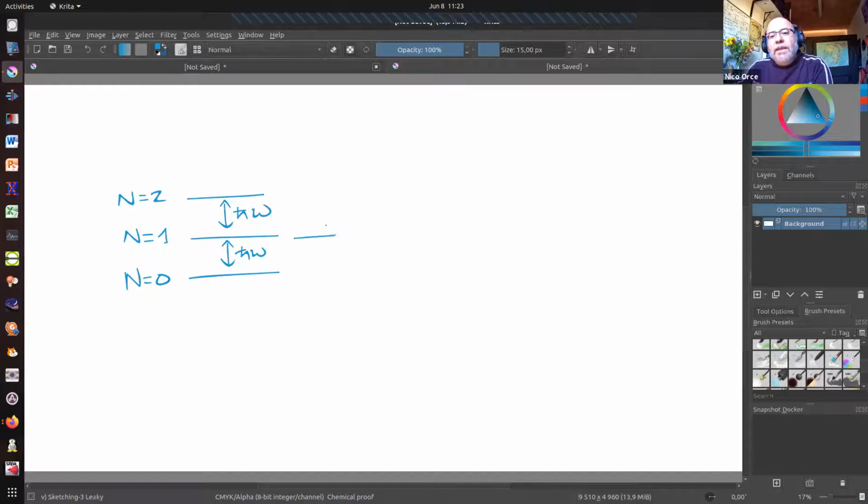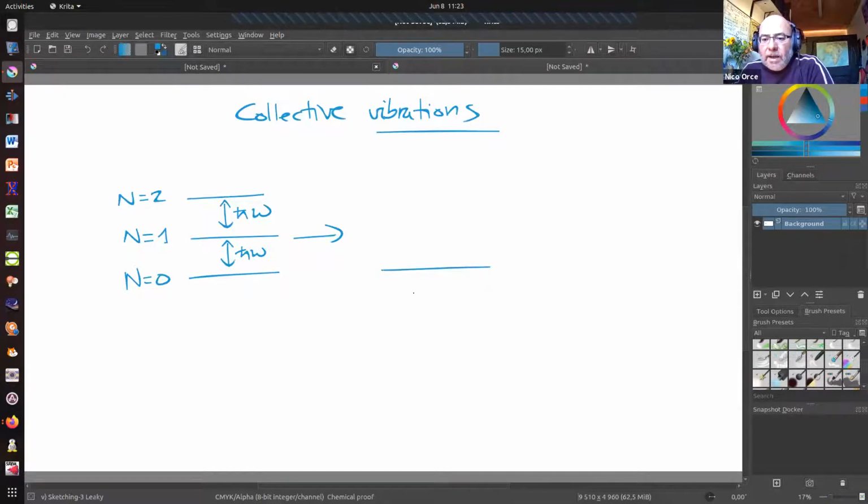But then how does this translate? And we call this collective vibrations, and the nucleus itself can vibrate and can rotate.